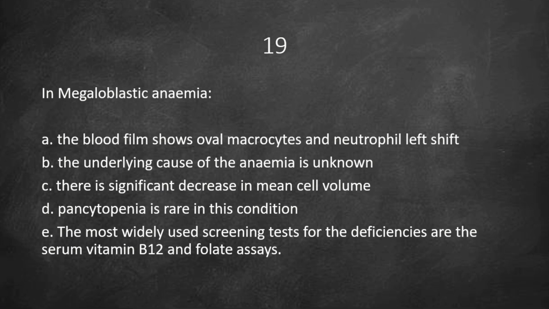B. The underlying cause of the anemia is unknown. C. There is significant decrease in mean cell volume. Then D. Pancytopenia is rare in this condition. Then E. The most widely used screening tests for the deficiencies are the serum vitamin B12 and folate assays. Okay, so the correct answer for question 19 is serum vitamin B12 and folic acid.